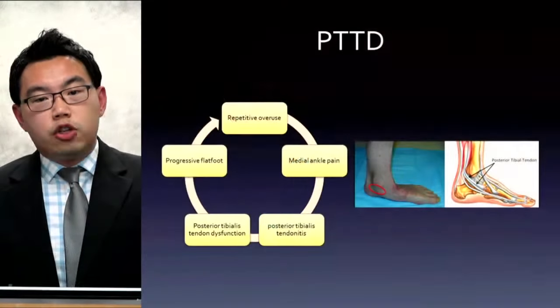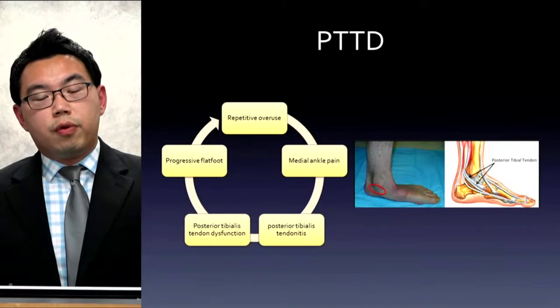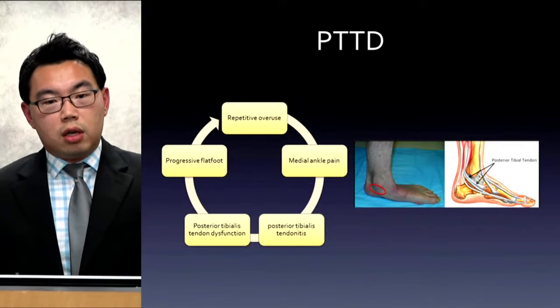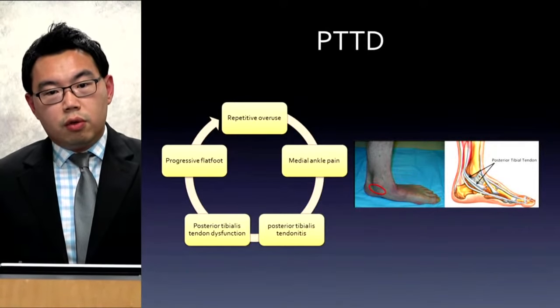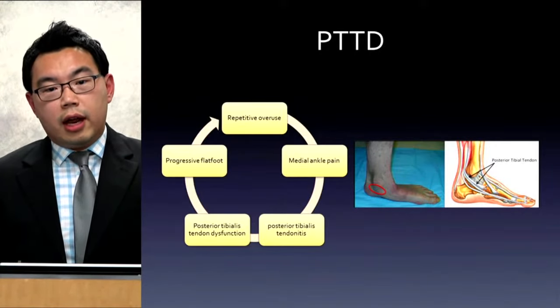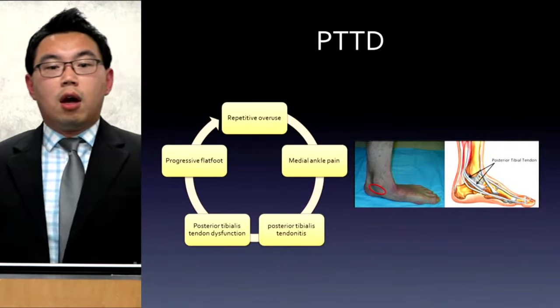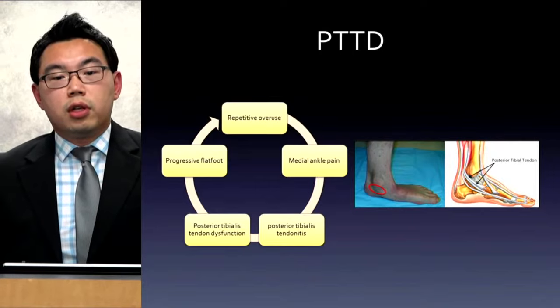Again, we're seeing this issue often in a spectrum of overuse. If you're standing on your feet a long time, or walk a lot in your daily activities, you're more prone to have tendonitis. If you have tendonitis in this area, that translates into pain on the inner side of your ankle, tendonitis of the posterior tibialis tendon.